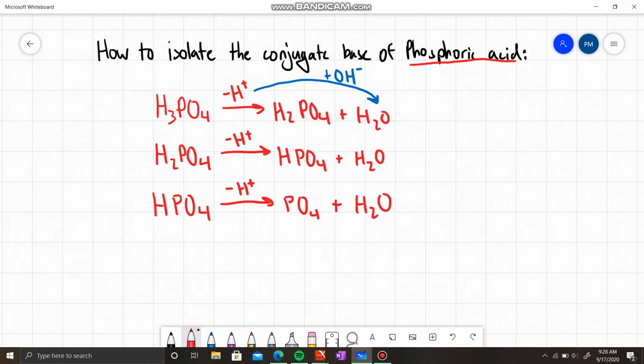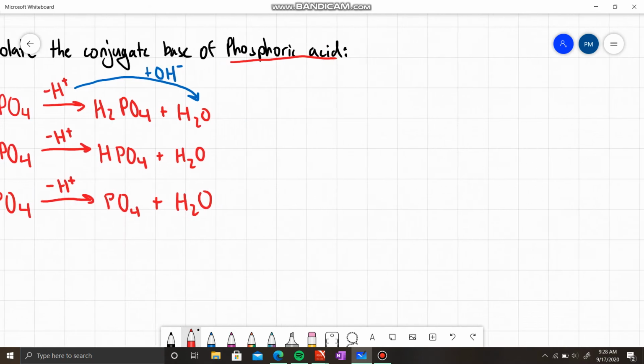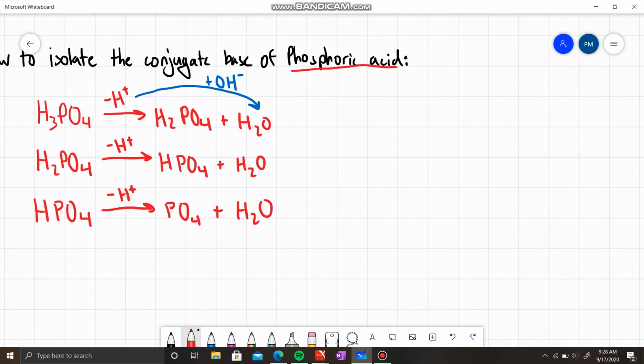So that's how you get to an isolated phosphate ion, and you might wonder, well, what does the structure of this anion look like? Well, it's basically just a phosphate with an oxygen, another oxygen, and yet another.